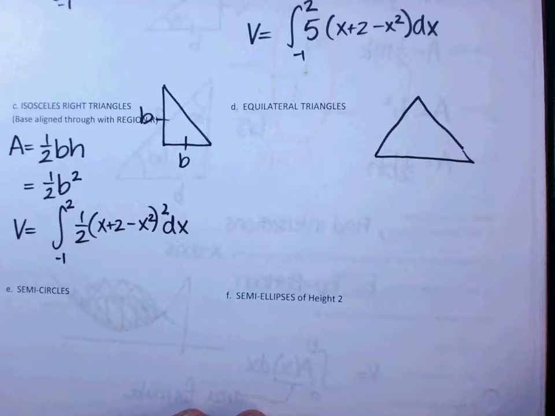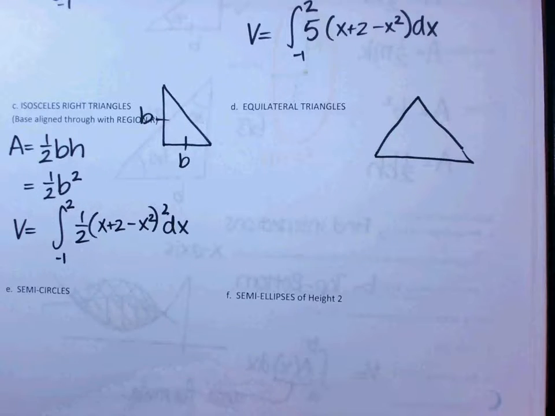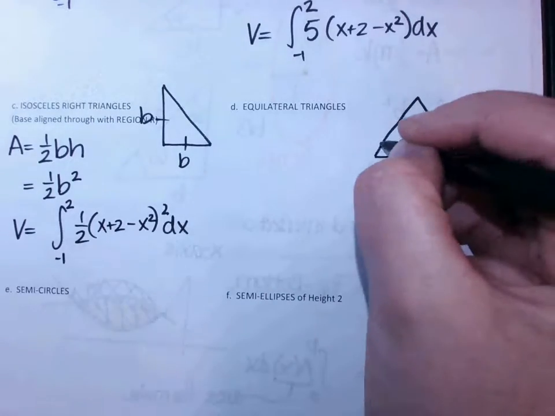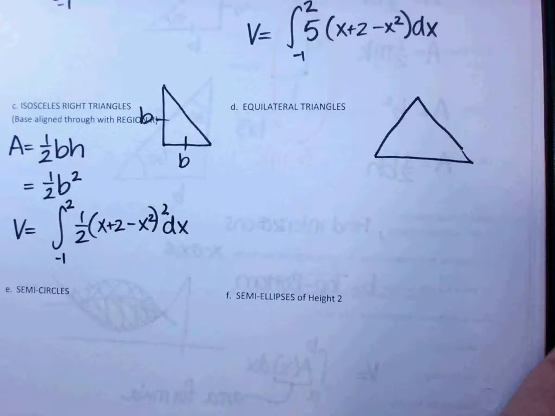If all three sides are the same, what do you know about all three angles? They have to be the same. So if all the angles add up to 180, and I divide it into 3 equal angles, how big is each angle? 60. So this one's 60, that one's 60, that one's 60. That's called equiangular, in case you care about that.